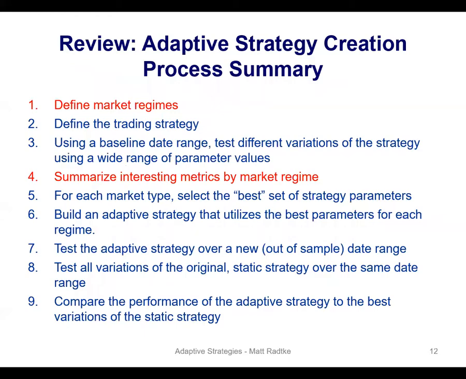And those are on the slide in front of you, 1 through 9. I'm not going to read them all to you. You can read them yourself if you like. But the ones that are in red are the ones that session 1 will focus on tonight. So primarily looking at defining market regimes and summarizing the metrics of interest by market regime. Just to give you a little bit of a framework that you can hang this on. And we'll come back to this slide before the second and the third sessions as well, so you can see how we're kind of progressing through the steps.